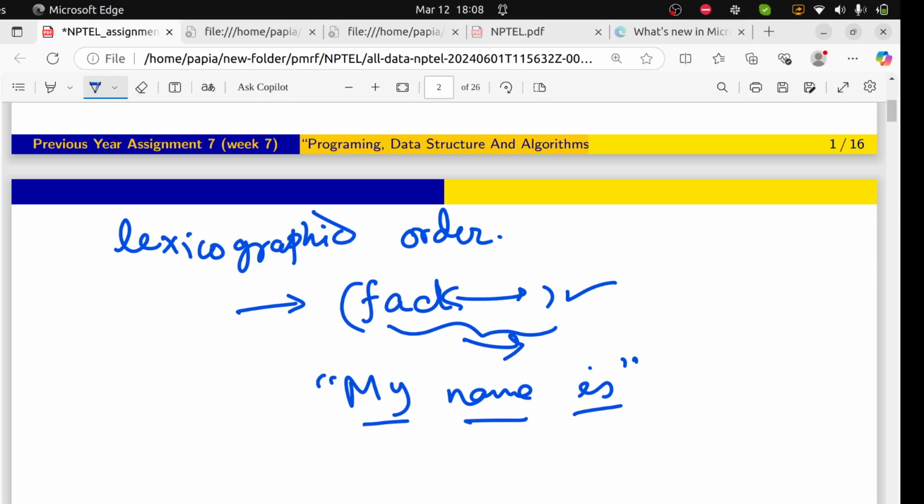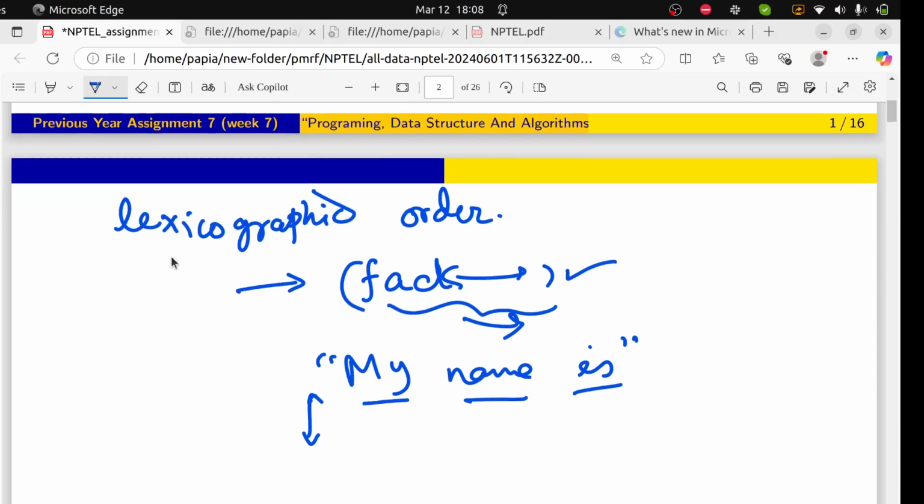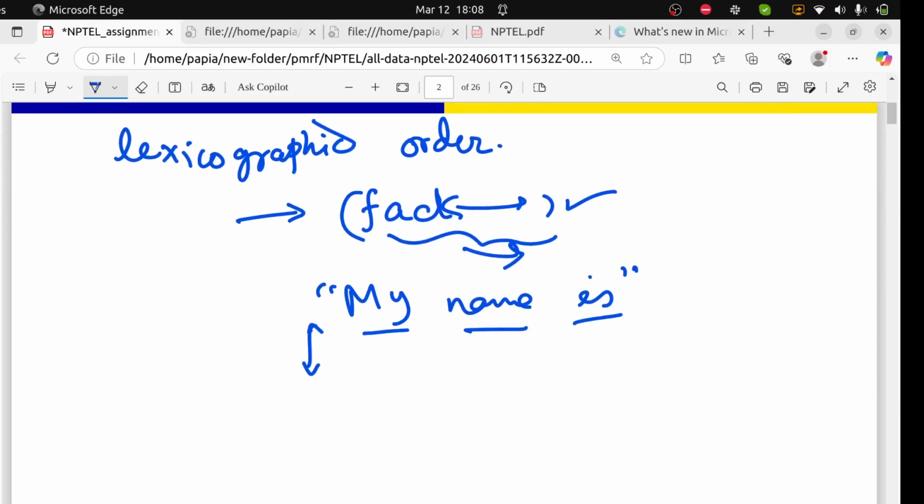I will try to make a program where we can have a lexicographic order of these words. This is one word, this is the second word, this is the third word, right? So what will be the lexicographic order among these 3 words?